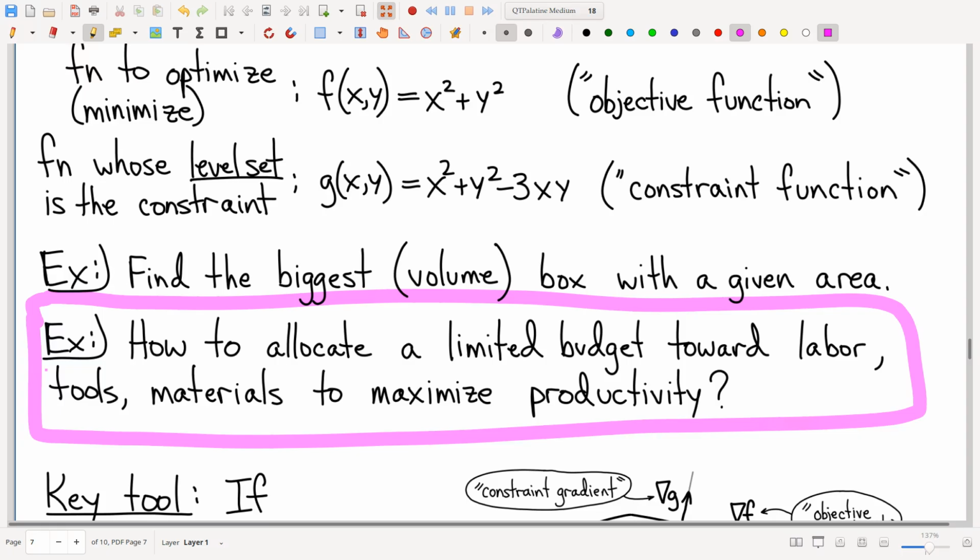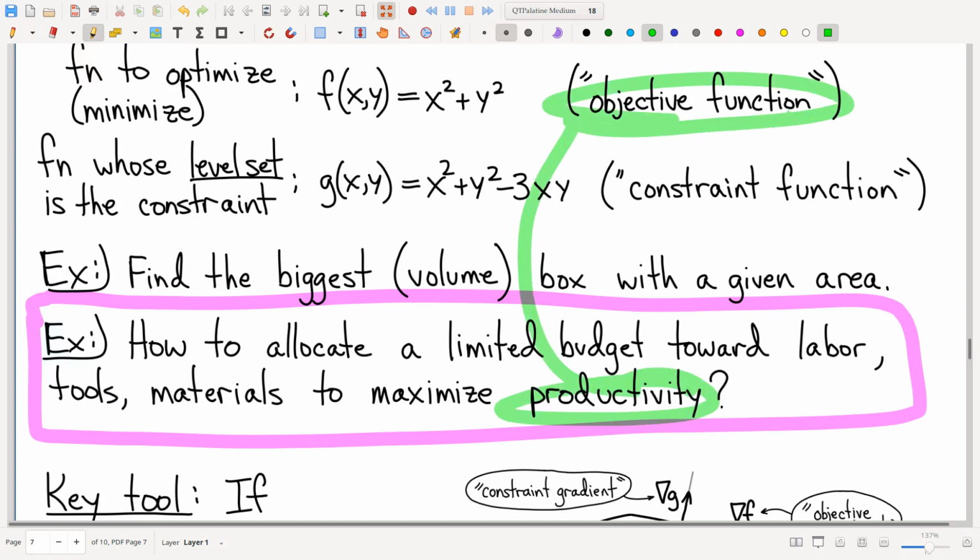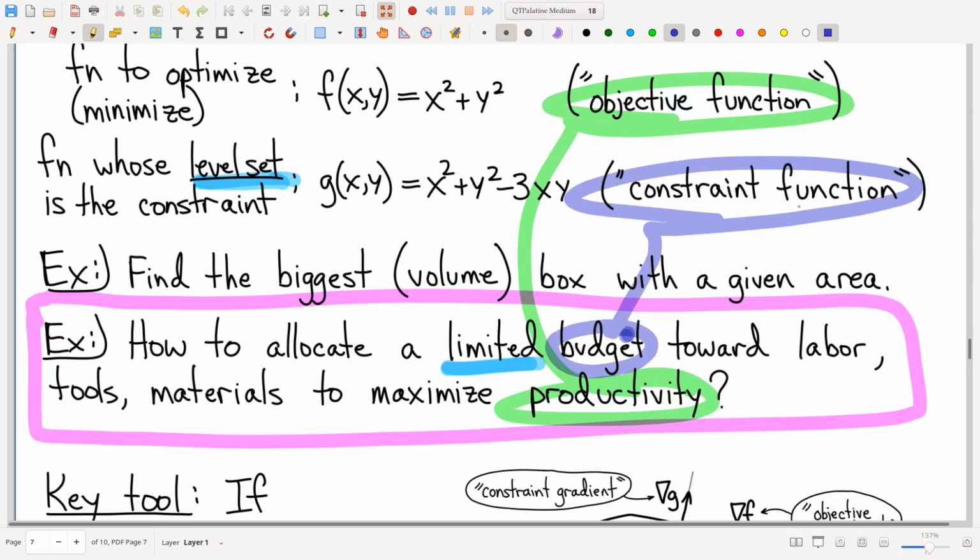I can't go over this is how much money I got, and that's it. Right? So I want to maximize productivity, whatever that is. That's my objective function, and I have a limited, in other words, fixed, in other words, I'm looking at a level set of. I have a limited budget. So my budget, how much money I've got to spend, is my constraint.